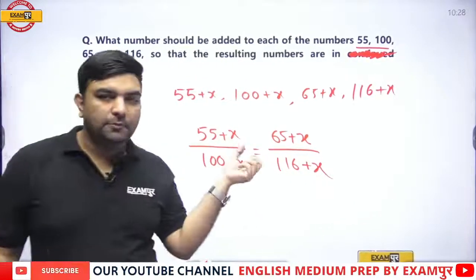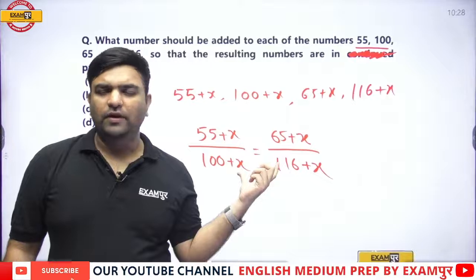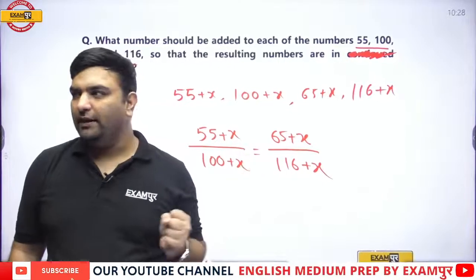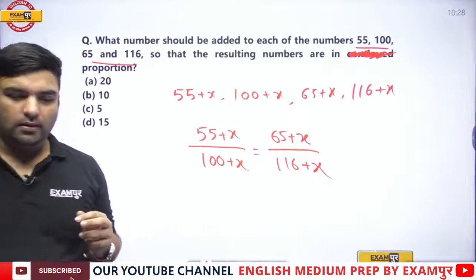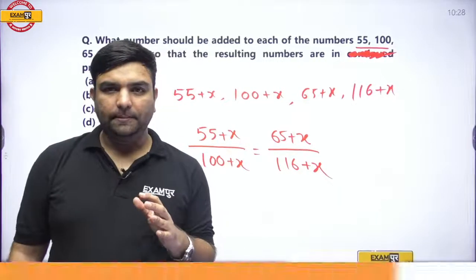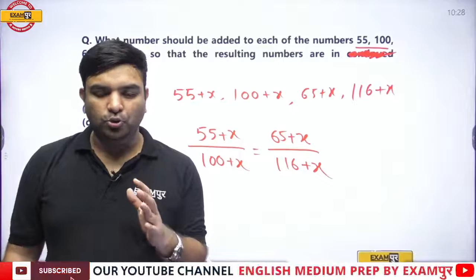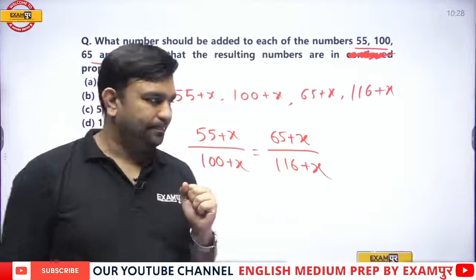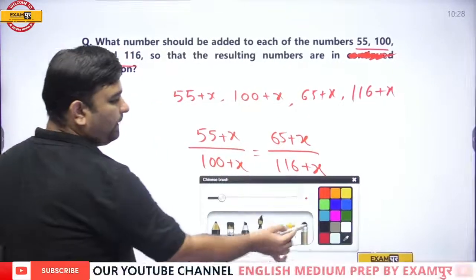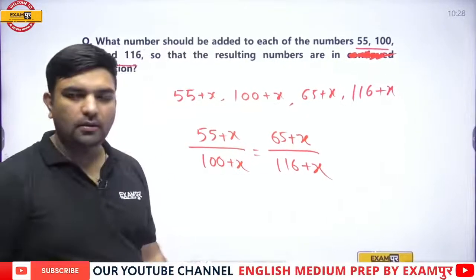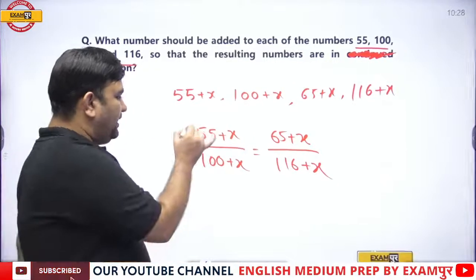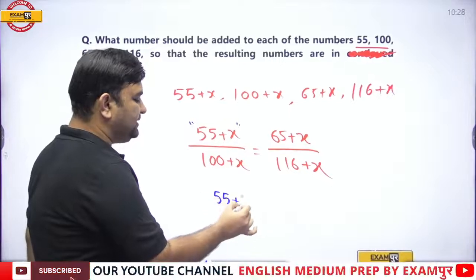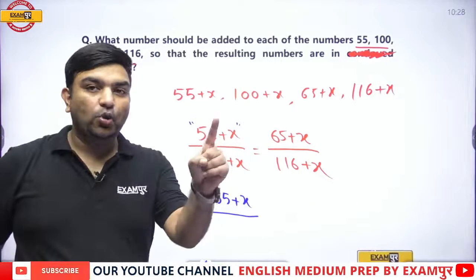If you solve it completely, you will be in very high trouble. So what is the innovation we are going to do? Please see with me. I am keeping my numerator as it is and applying dividendo.